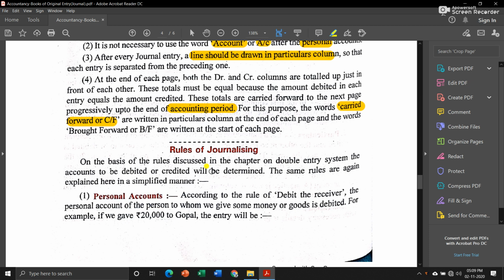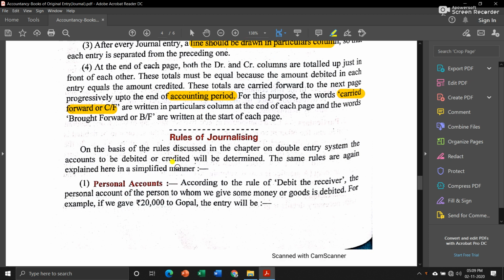Now let us see what are the rules of journalizing. It means we have to go through, it will be like a revision for traditional approach. Now first type of account is personal accounts, and rule for that is debit the receiver and credit the giver. So first let us see debit the receiver's rule. Suppose here one example is given.